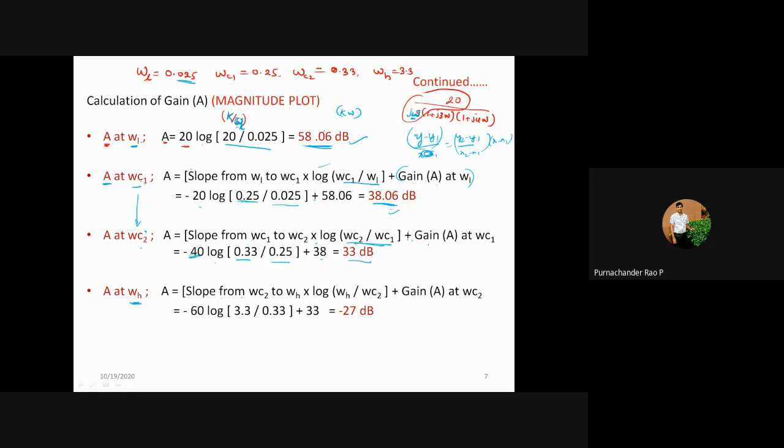Again the slope from omega C2 to omega H and log of omega H by omega C2 plus gain at omega C2. So you will get all these magnitudes. Even if there are more in between, like omega C2, C3, just these formulas only.